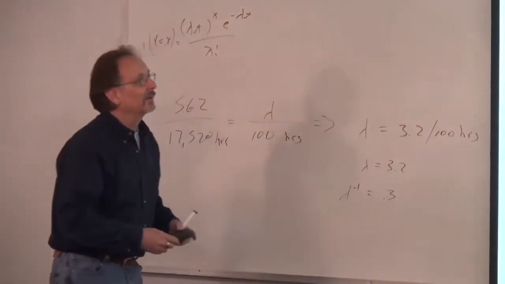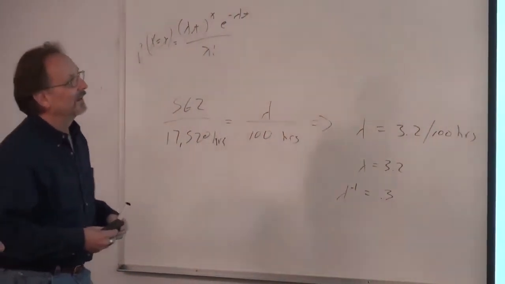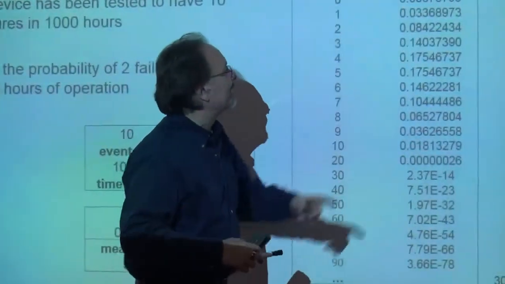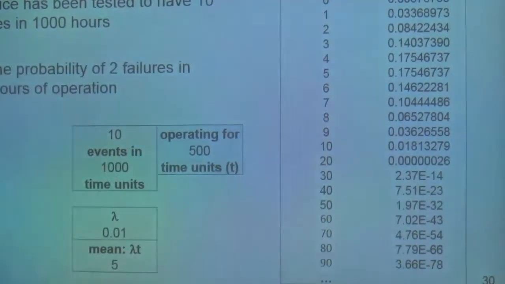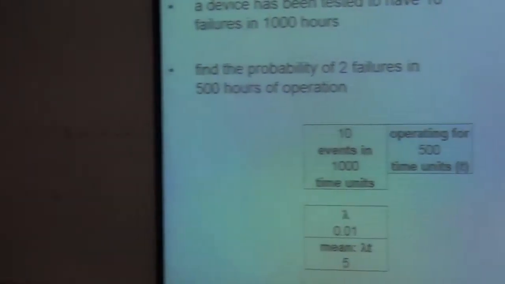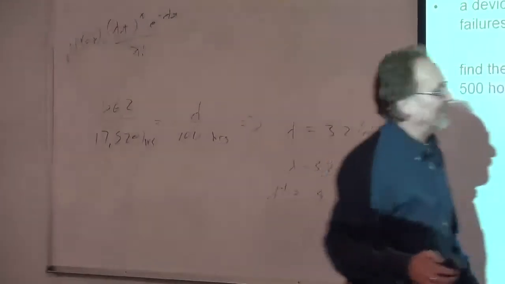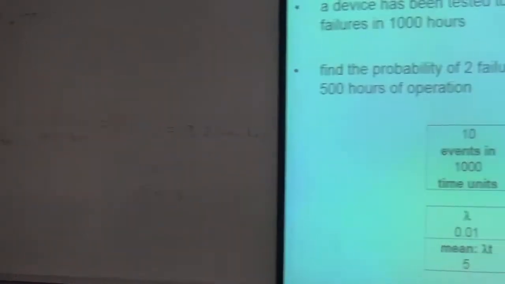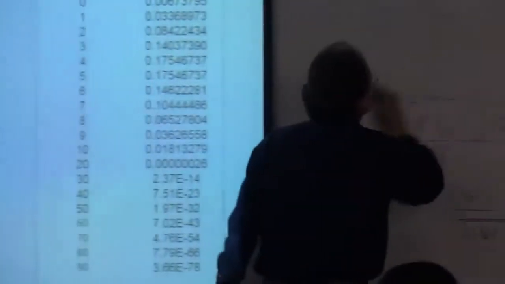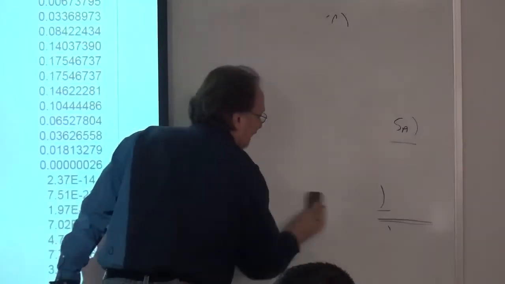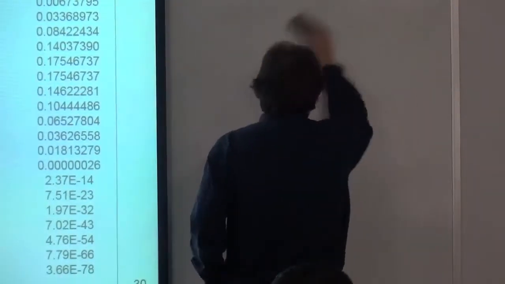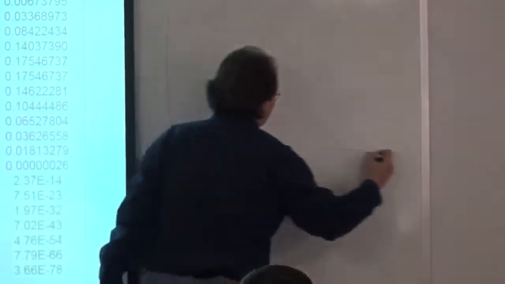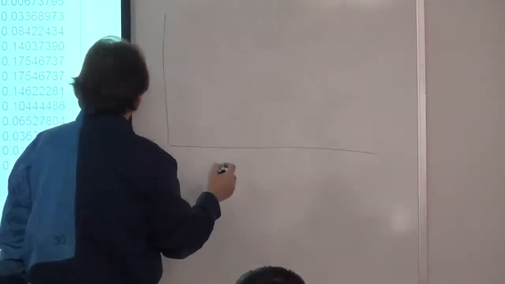However, for each one of those... Sorry, what does the plot of that look like? Actually, what happens is that it peaks at about lambda t, so you would get something that looks like what's drawn here, about 4 or 5 there. I'll draw it looking continuous, although this isn't continuous.